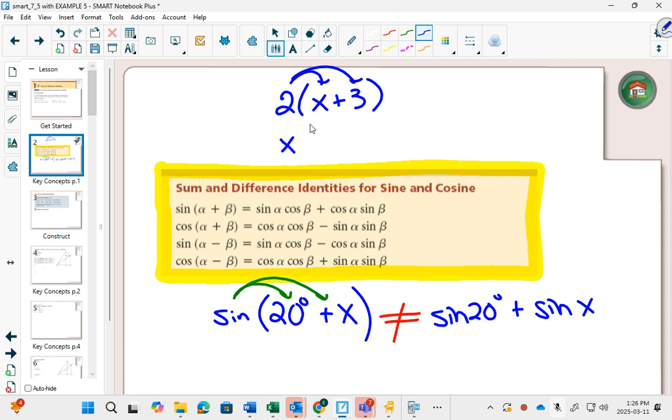You would be allowed to do this because the x is a variable and the x represents a number. Here, sine is a function. It is not a number.